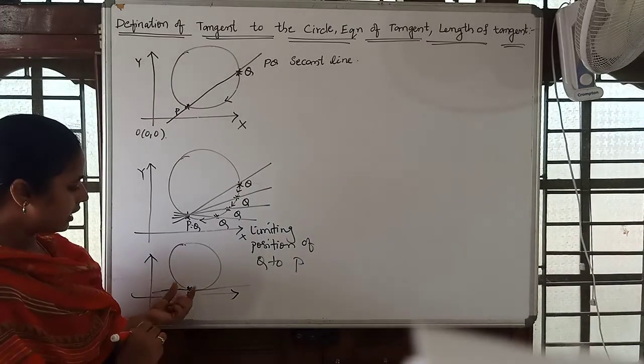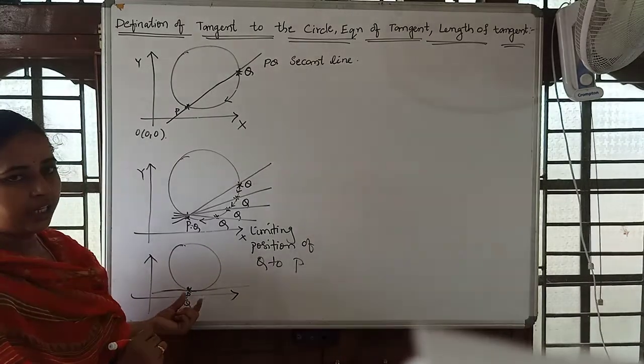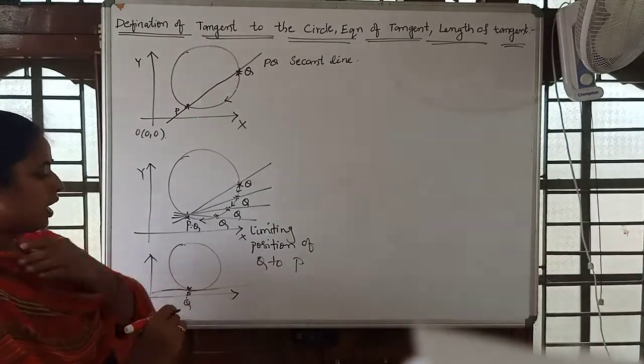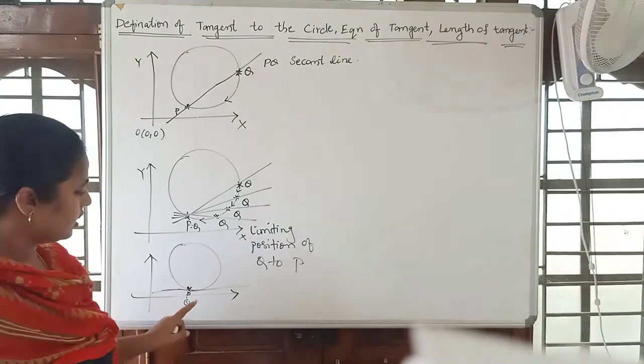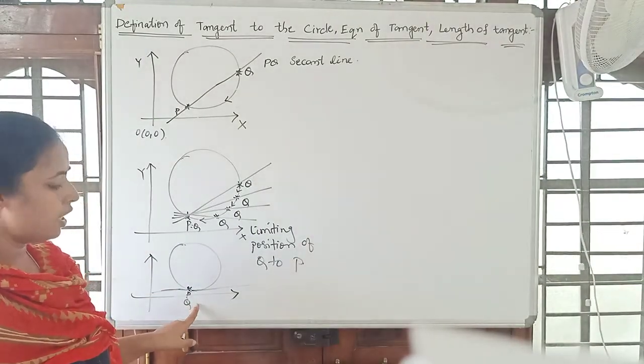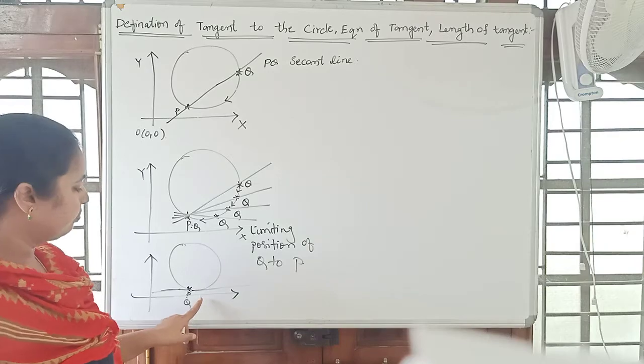A line touching the circle at one point is called a tangent to the circle.